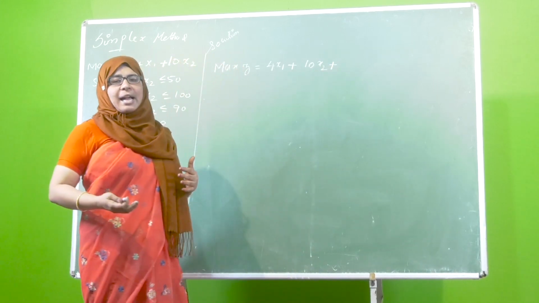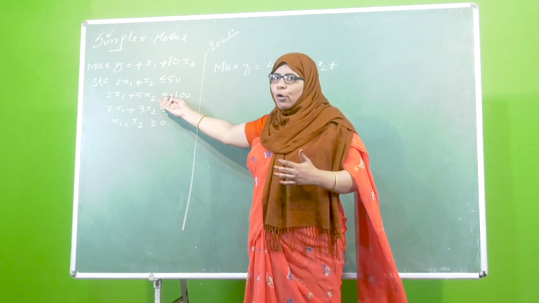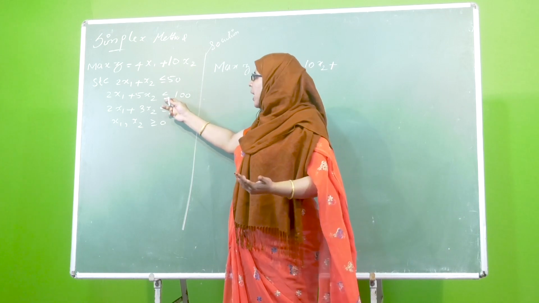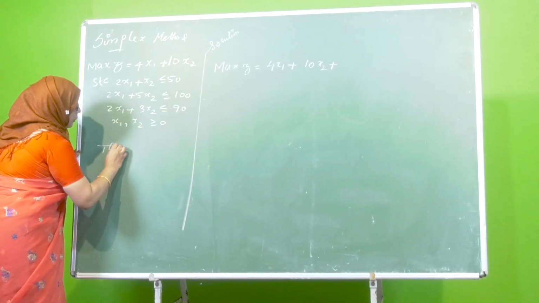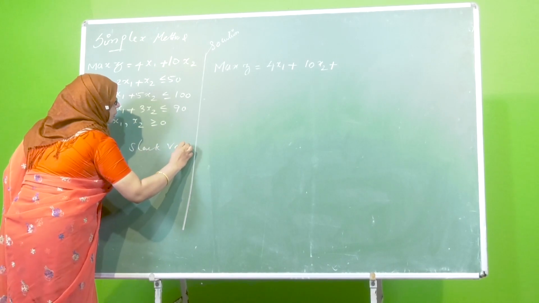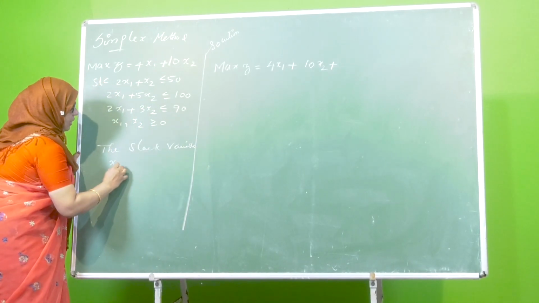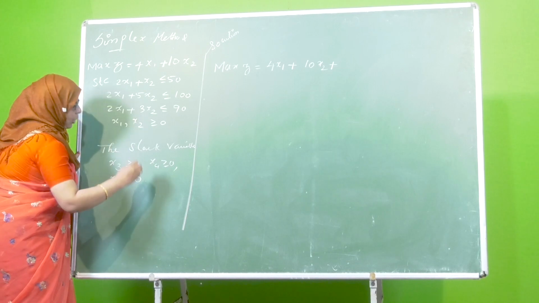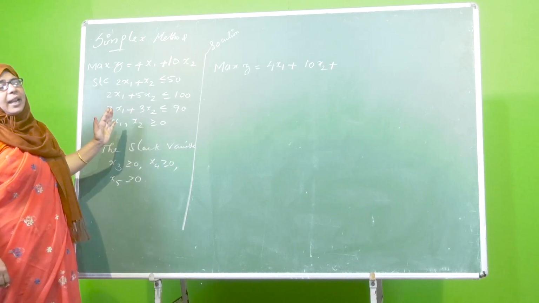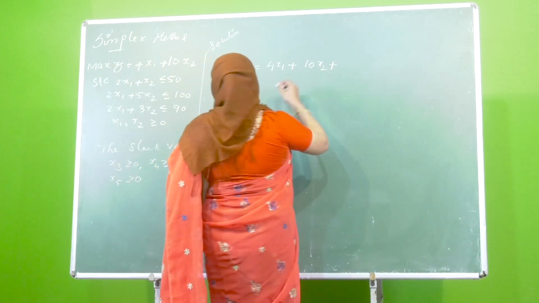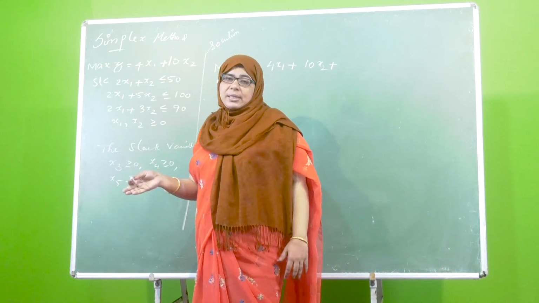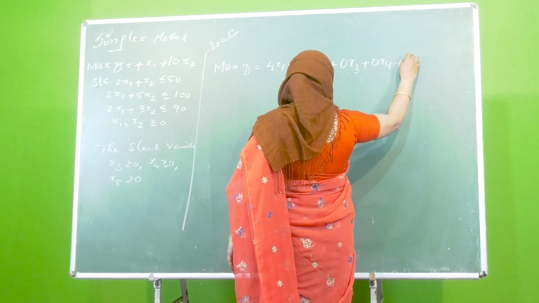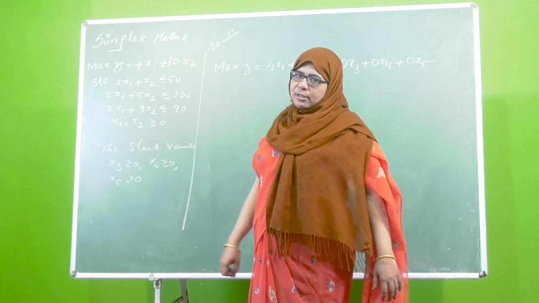The slack variables x3, x4, x5, as I already told, are greater than or equal to 0 in the first, second and third inequality. These slack variables are dummy variables, dummy meaning they carry 0: 0x3 plus 0x4 plus 0x5.